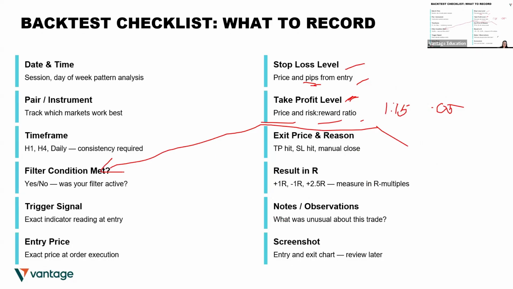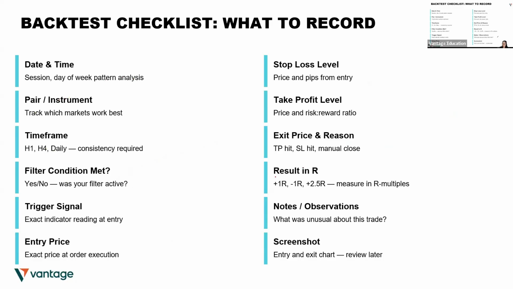Then you filter by market condition. You can make a note that the market is sideways or ranging. That's why you did not hit 1 to 1.5, or even 1 to 1.